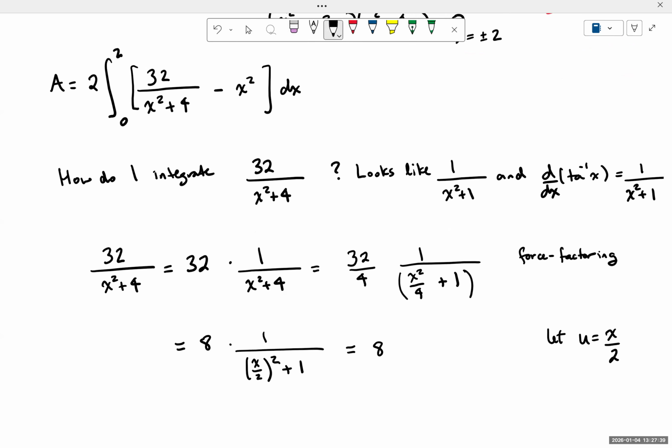And then I have this 8, but basically I have u squared plus 1. And this is my friend that I can integrate easily, right? So we just moved some of the constants around, and then we're going to use our u substitution. Okay, so let's use that.